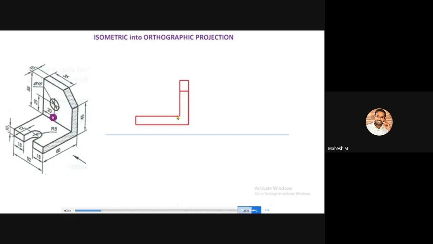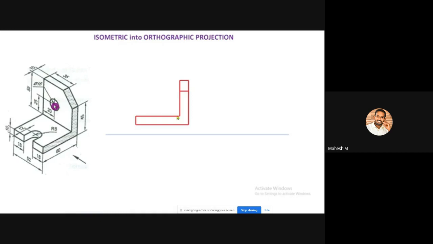So what is the dimension of this circle? It is diameter 16. So what is the height of the center of the circle? Actually, it is 25. 25 mm from the top surface, not from the bottom surface. So look at here.